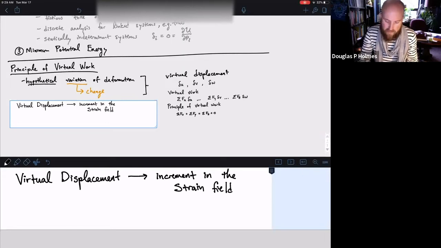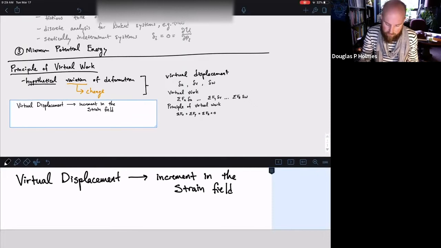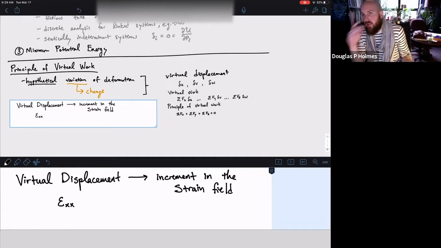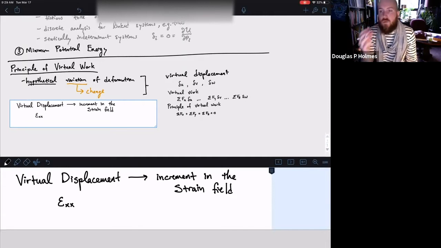Okay, so what does that mean, and how do we do that? Well, what it means is we can write down our epsilon xx in Cartesian coordinates, and we can say, okay, well, what if I would like to consider a variation in that strain? Again, we can only take variations of displacements, variations of points moving in space.